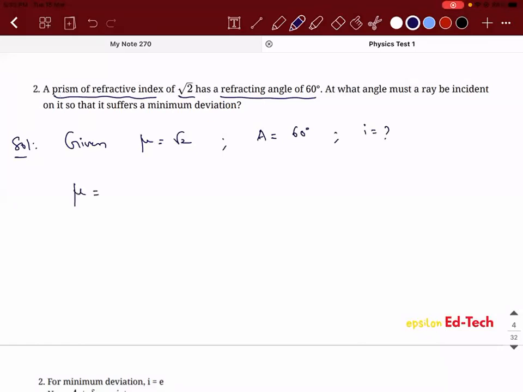So during minimum deviation, what is the condition? A is equal to R1 plus R2.